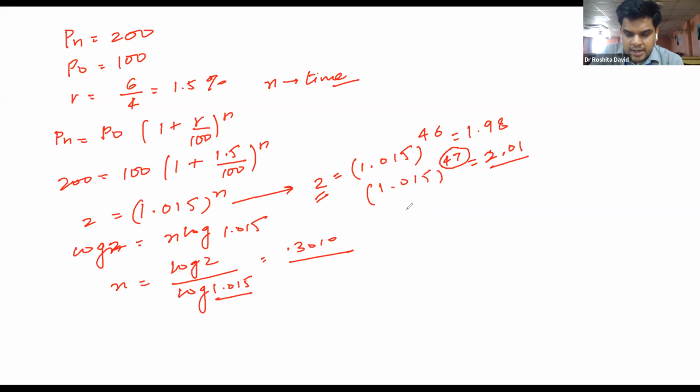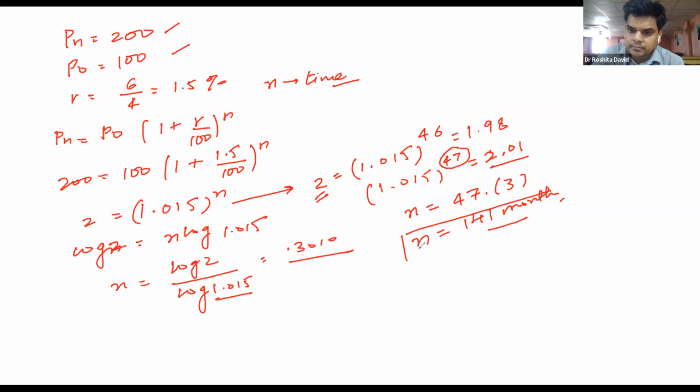So that's why n is going to be 47. Since I was considering things as quarterly, that is 3 months, I will multiply this duration with 3 to get the final answer. So 47 threes are 141. So 141 months are required for Laura to get her money doubled. This is going to be the answer.